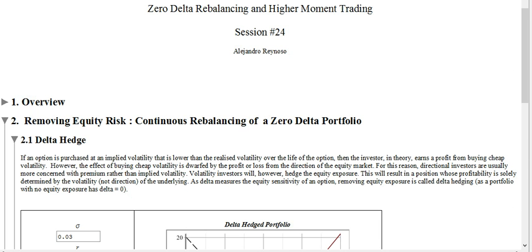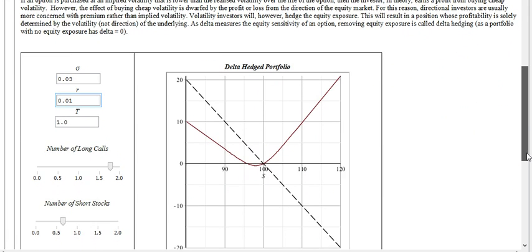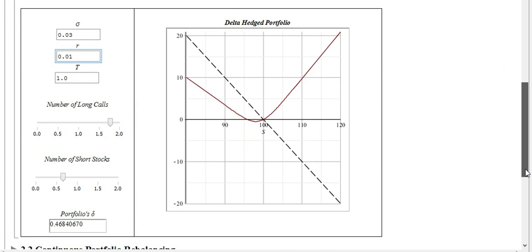Let's see what we have in section 2.1 of our Maple document. What we see here is an interface. That interface shows a red line here, which is the payoff function of a portfolio. This portfolio will have long calls and short stocks.